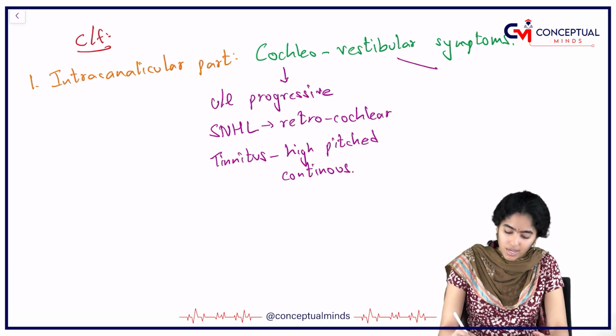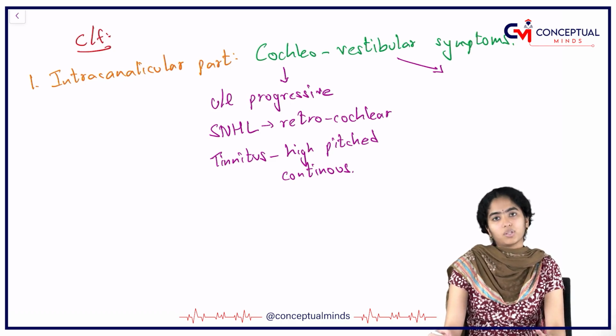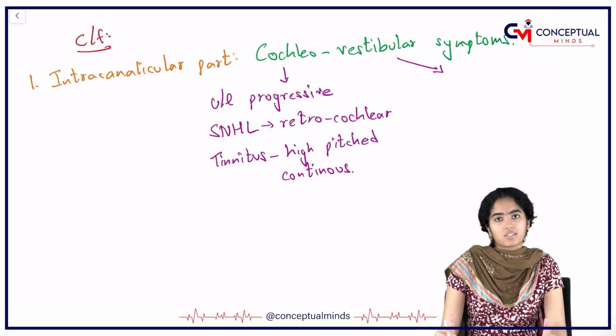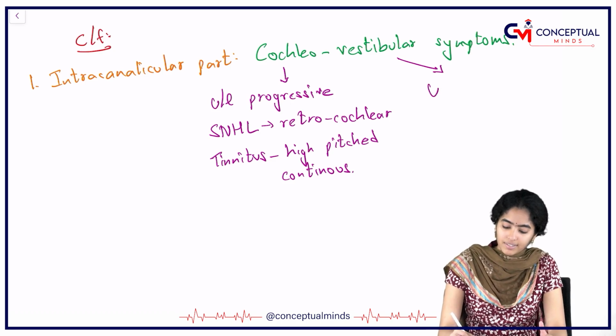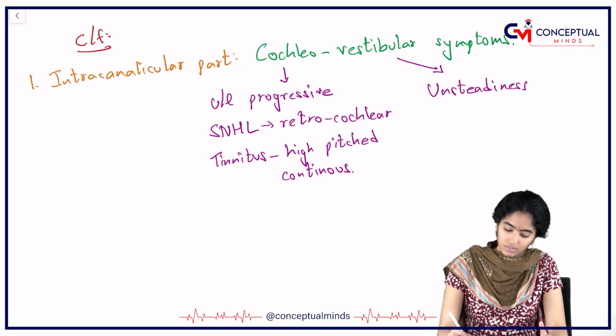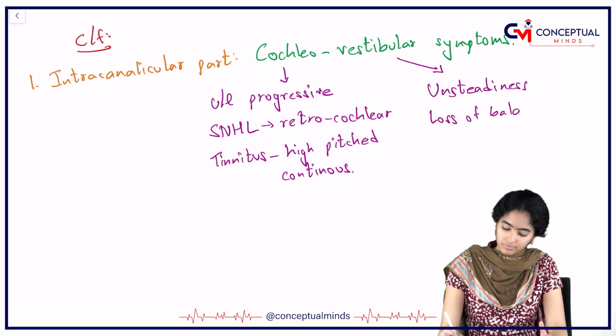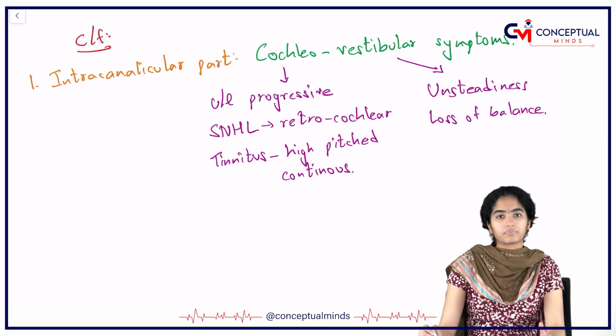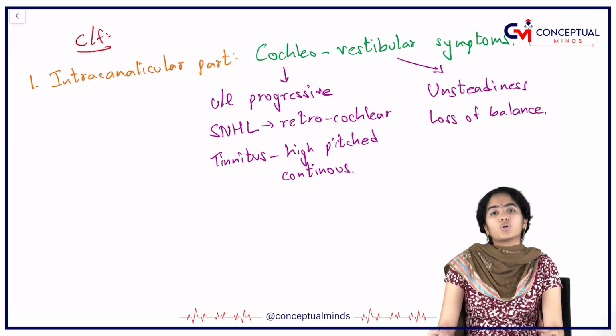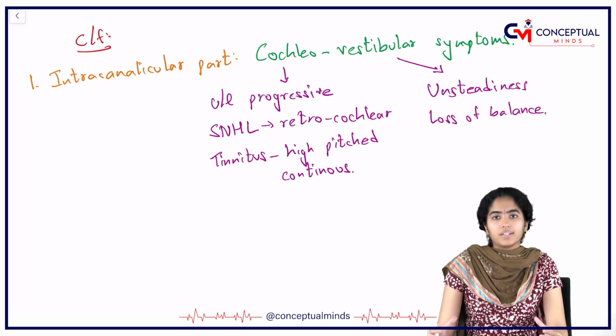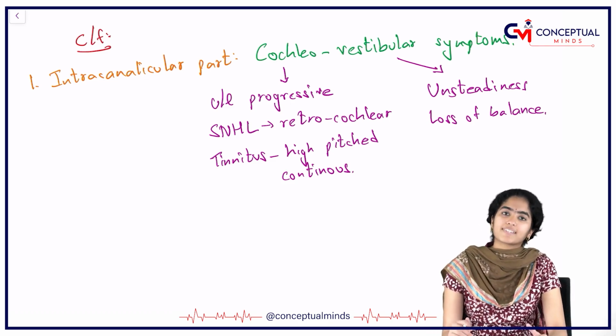Coming to the vestibular symptoms, vestibular nerve is responsible for balance. So when that is affected, there is unsteadiness, loss of balance. Is this clear? So when the tumor is in the intracanalicular part, it shows cochlear and vestibular symptoms.